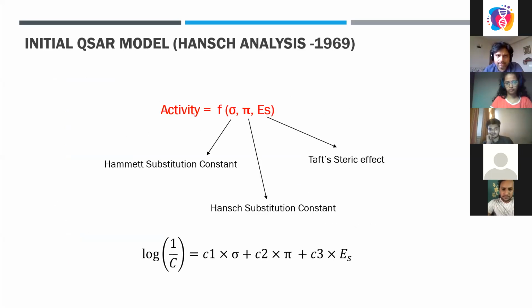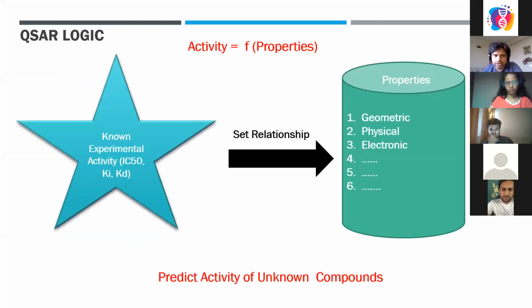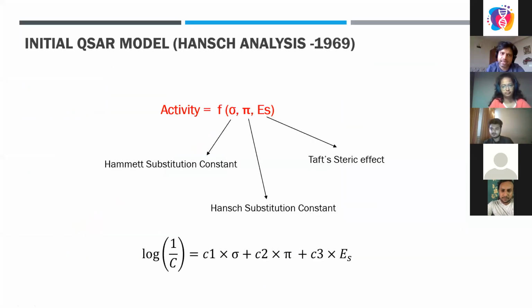Now, as I said, activity is a function of properties. In this slide, you can see that the activity is a function of properties. Now I'm replacing the term properties with the exact properties. So one of the initial models was by Hansch in 1969.